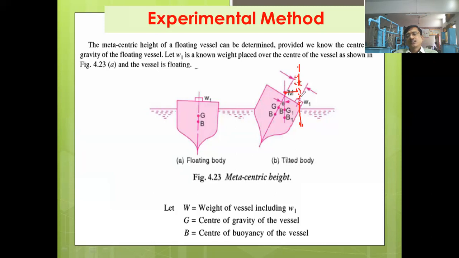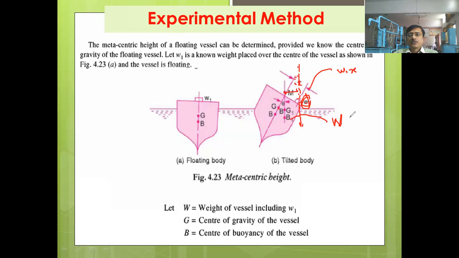So the moment caused by this w1 is nothing but w1 into x. Similarly, a moment will be caused because of the shifting of the center of gravity from z to z1, and that will be the total weight of the object including this weight. Since this weight is on it, we can include it here.